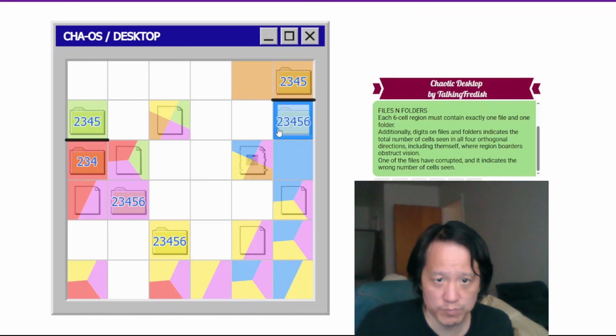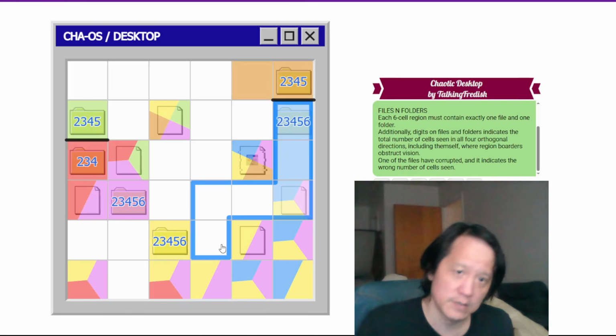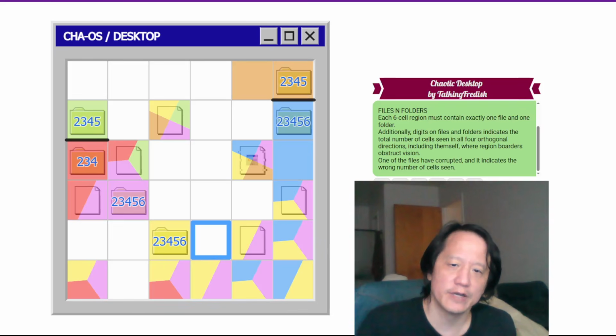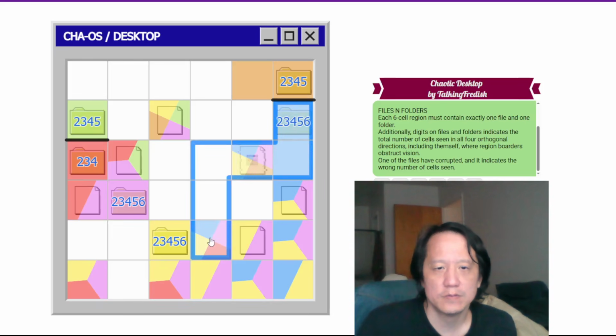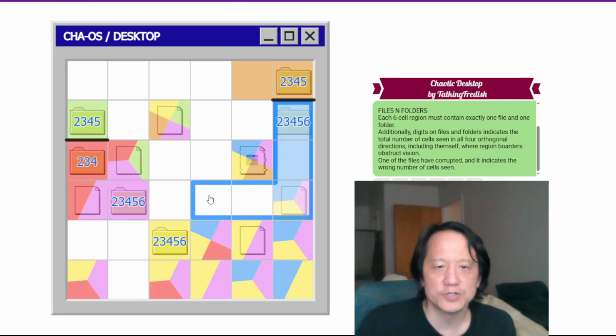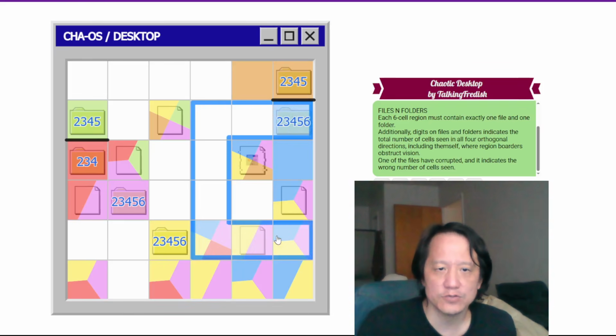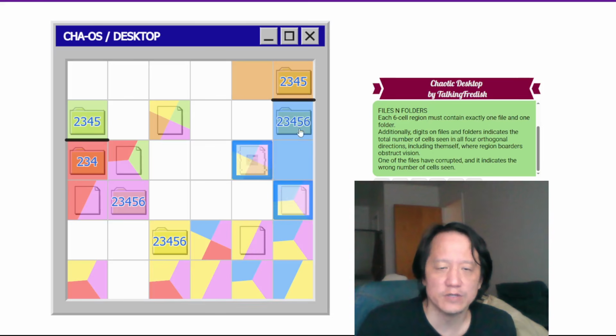This could reach blue, technically. It could reach red. But if blue goes this way, it can't get to here, because that's too many cells, to avoid these.